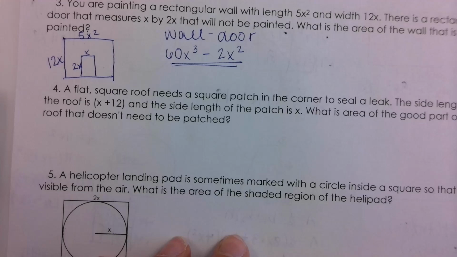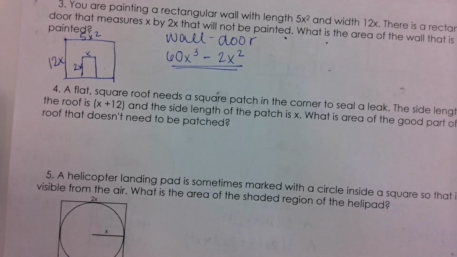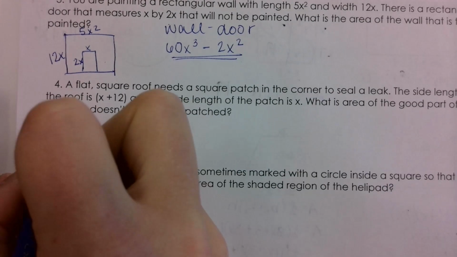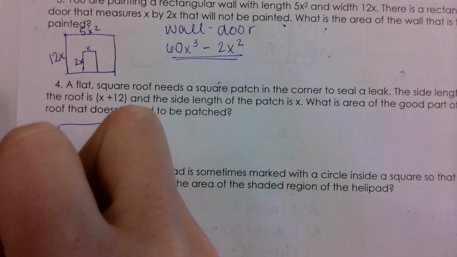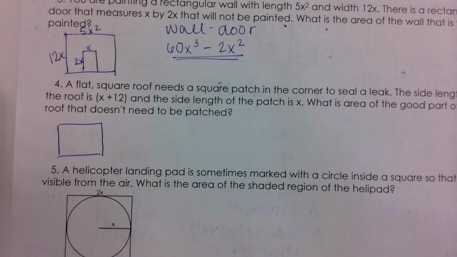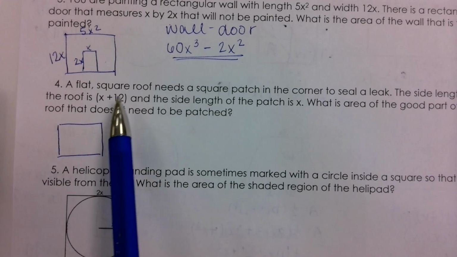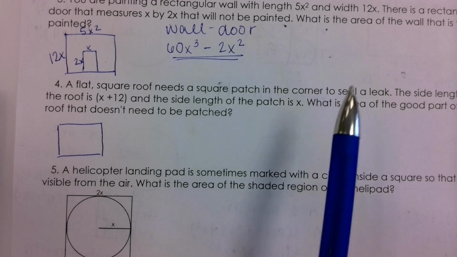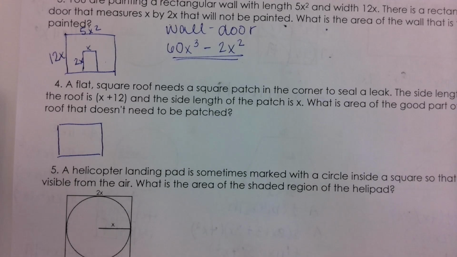So the next one, it says a flat square roof. I'm going to pause. What should we do? Draw a square. So our flat square roof needs a square patch in the corner. So pick a corner. We need to put a patch there.